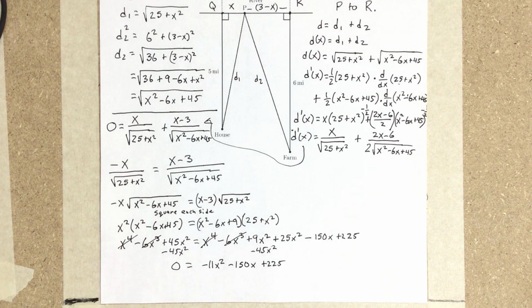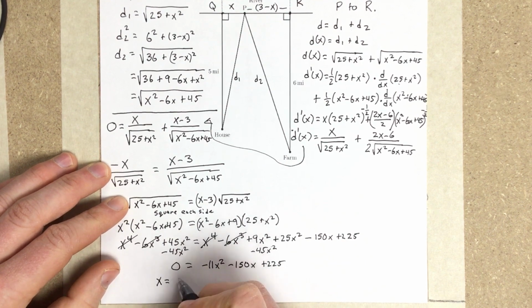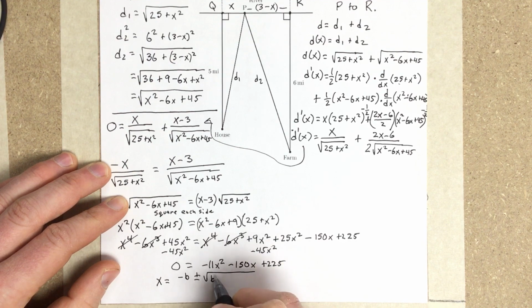Now we're going to solve this with the quadratic formula. So to do that, I'm going to write this as x is equal to negative b plus or minus root b squared minus 4ac, all over 2a.